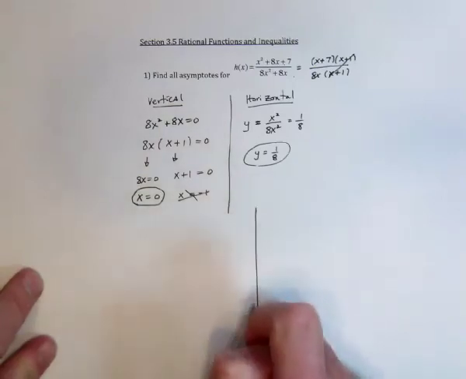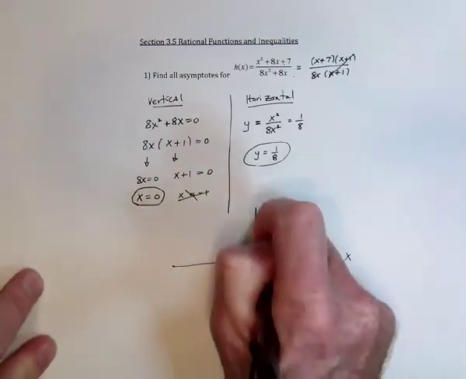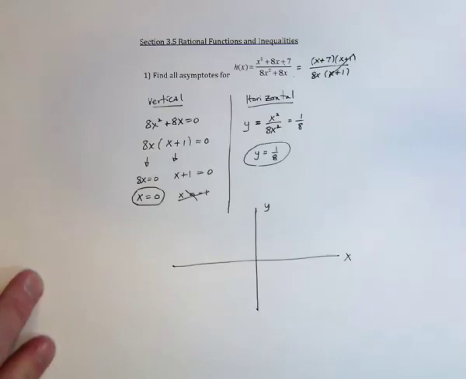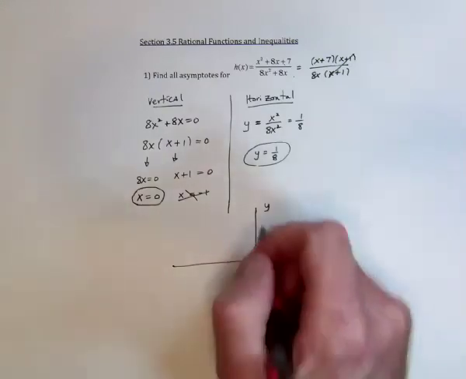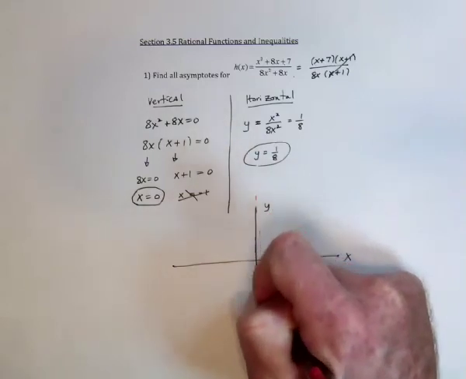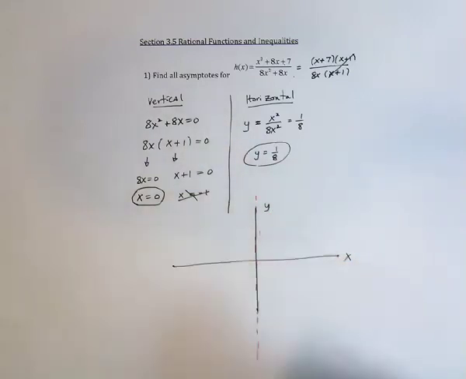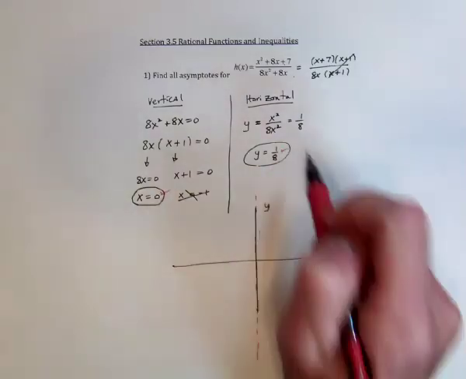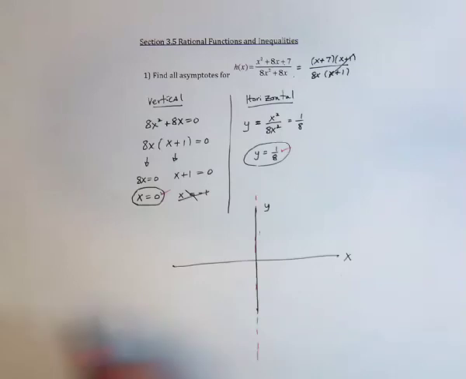So that means that if we graph in the xy system, there is a vertical asymptote. So the function is going to get closer and closer and closer to the y-axis. That's x equals 0. And then also the horizontal line, y equals 1/8.